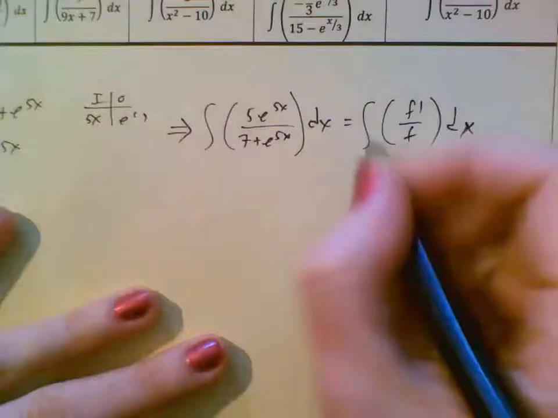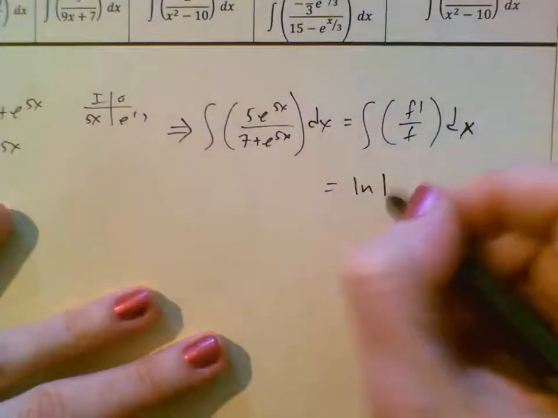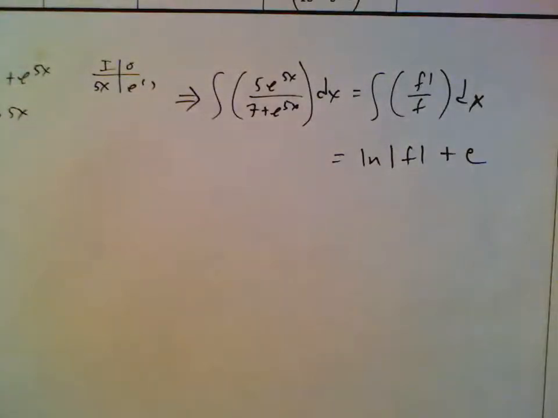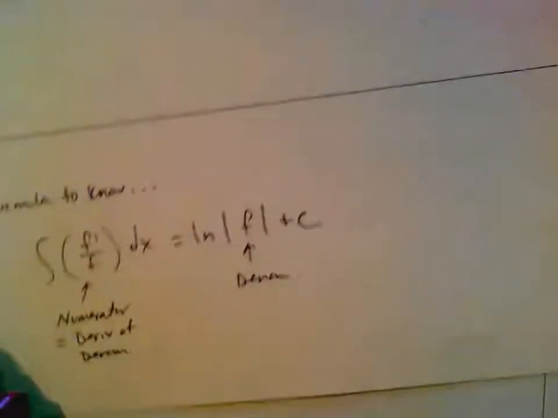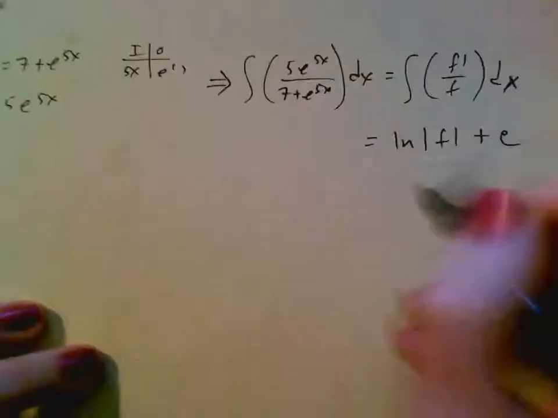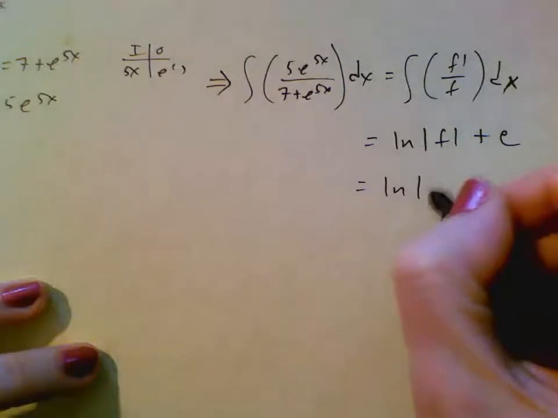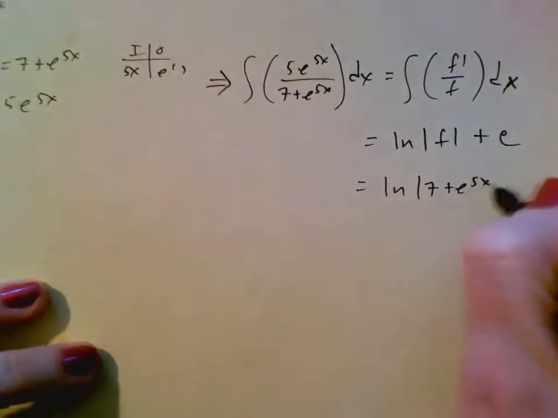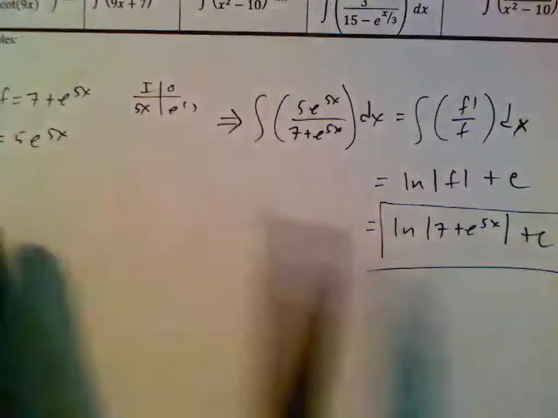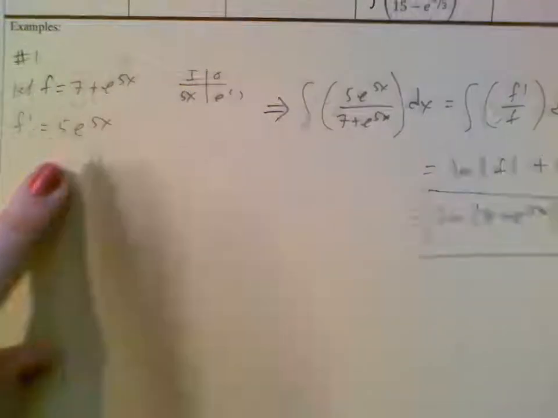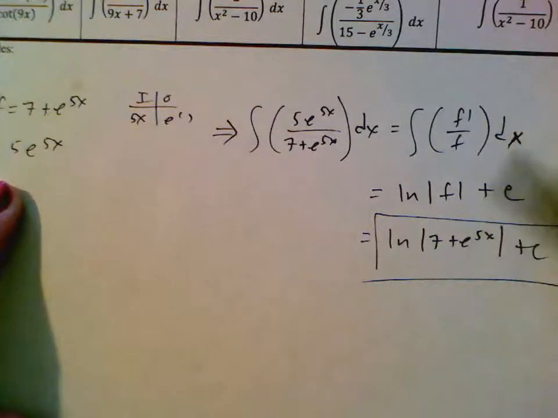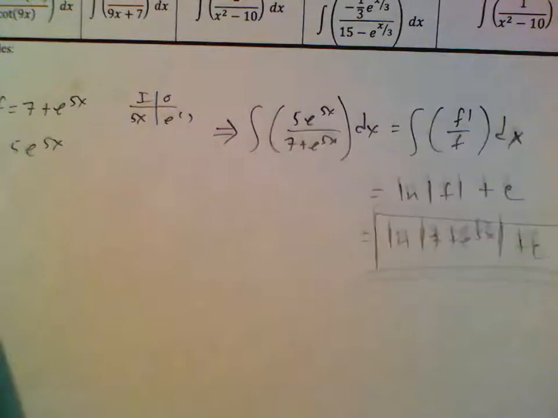And now we use the formula, and then this is equal to the natural log of the absolute value of f plus c. I am just using this formula. So once I've identified that I have this form, I could use this formula. But then what is f? F is the denominator: 7 plus e to the 5x, plus c. Guys, if you could jump immediately from recognizing, aha, I have the form, you don't have to show these two steps in between. I'm just showing you the logic.